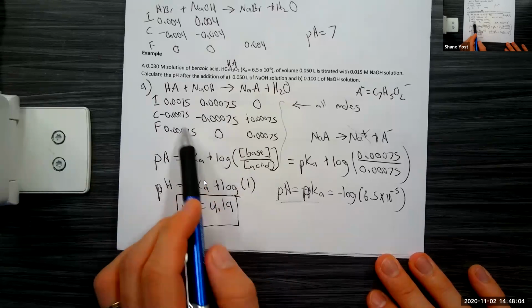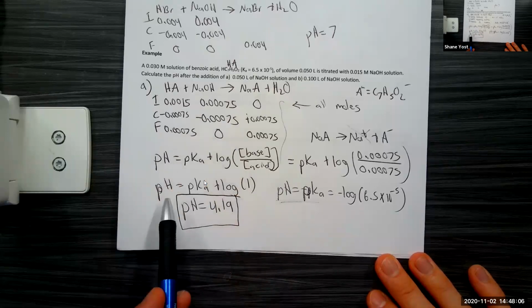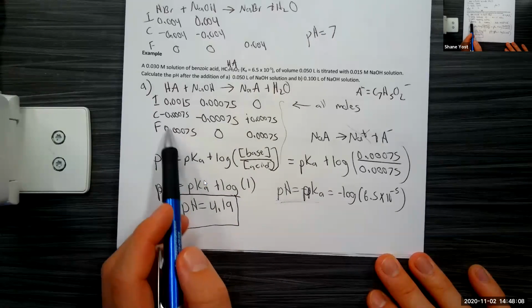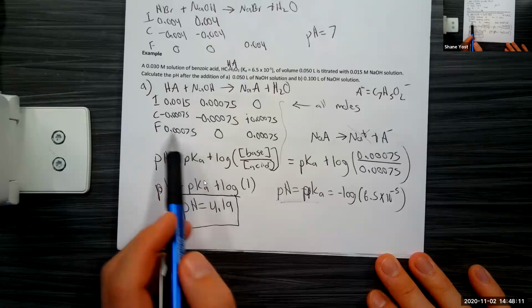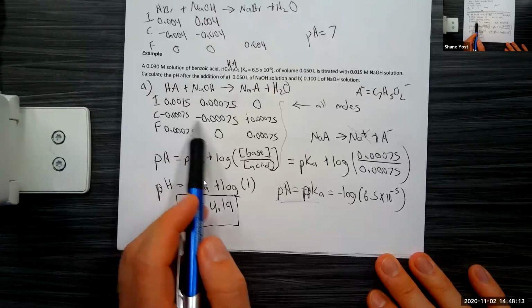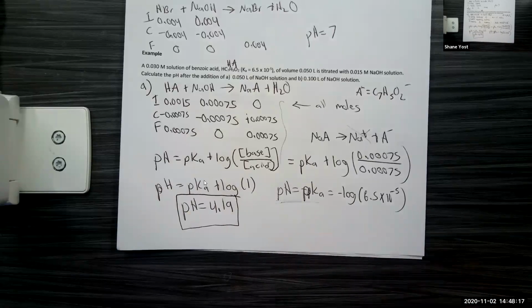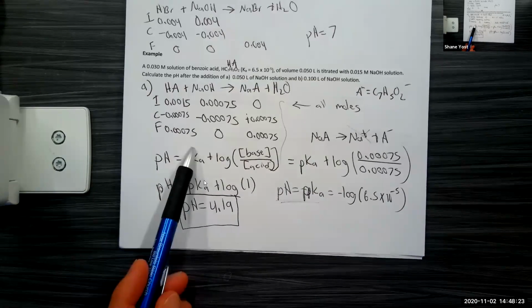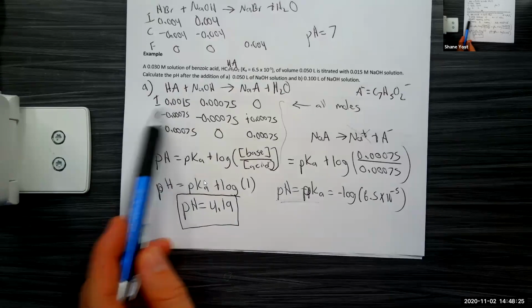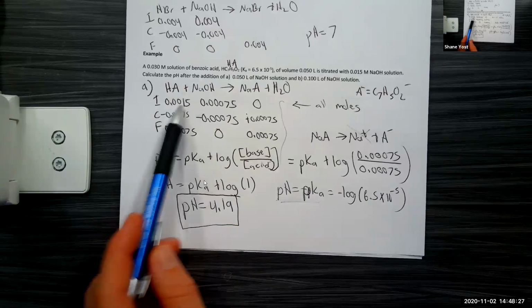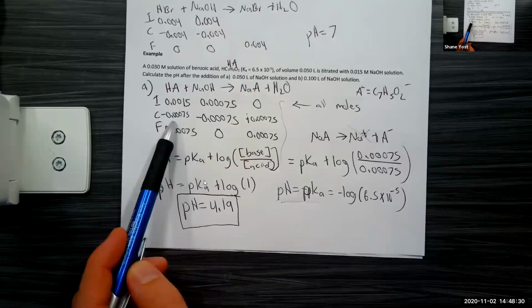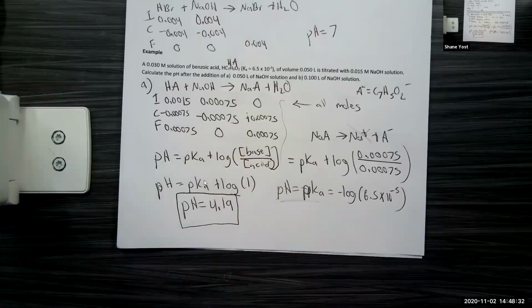If you subtract that off, 0.0015 minus 0.00075 equals 0.00075. So I got this by just taking the difference of the initial number of moles of HA minus how many moles of HA I lost in this problem.